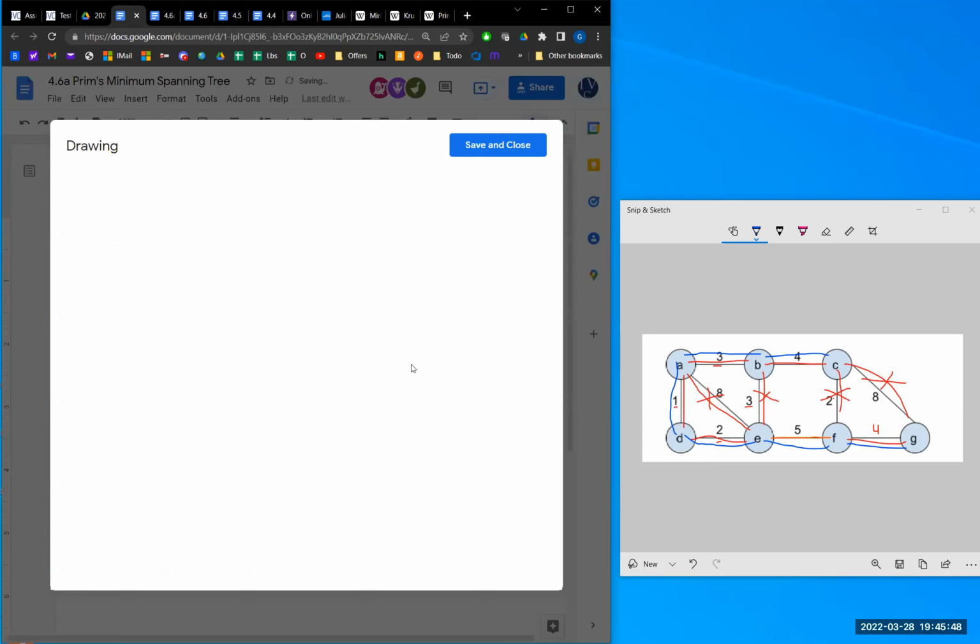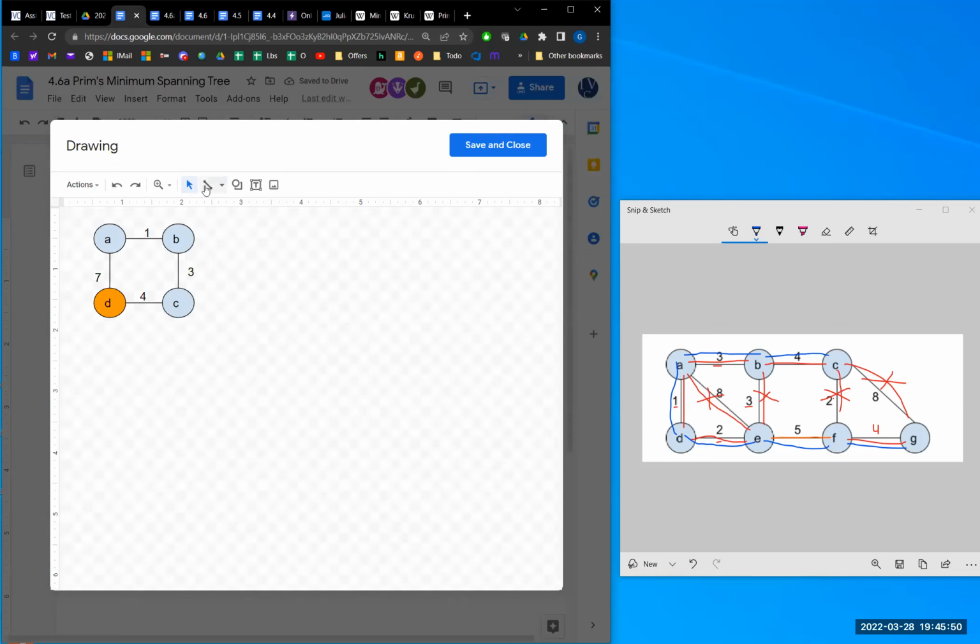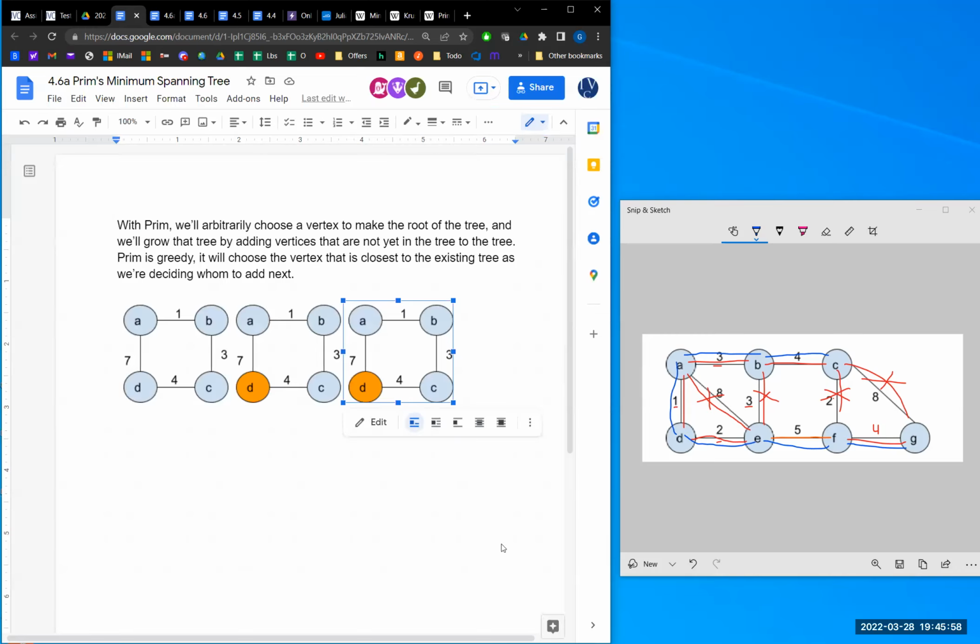And then we have a choice at this point. We can build out from D to A, or you can build out from D to C. So we have two choices at this point.